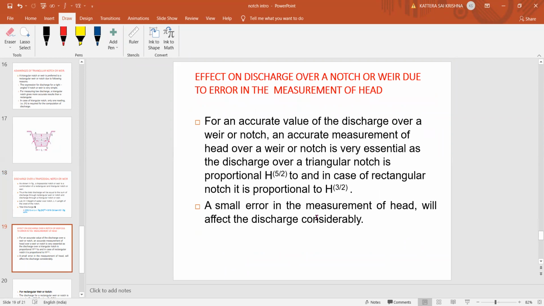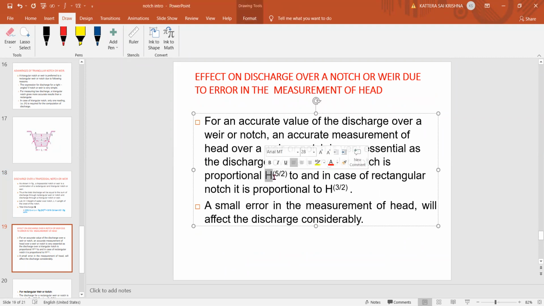Right. So these are the effects on discharge over a notch or weir due to error in the measurement of head. The only thing we need is this head. If you make any error in this, then automatically the discharge will have more errors. A small error in the measurement of head will affect the discharge considerably, because the power is 5 by 2, which is more than square.